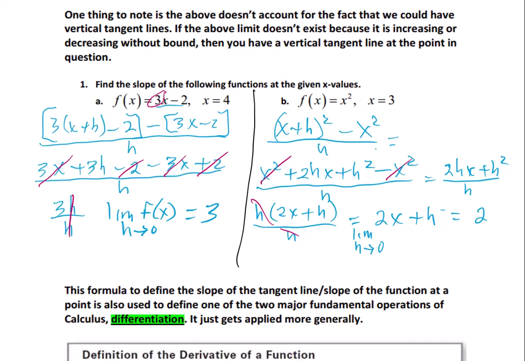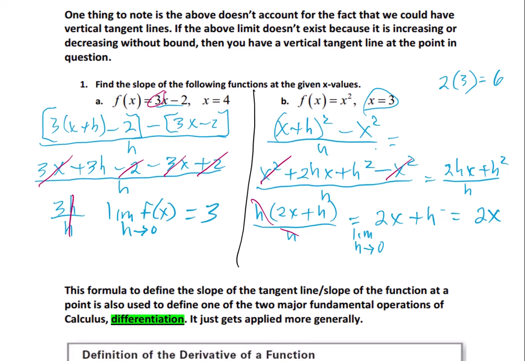So that means what I have found, 2x. What I have found is that anywhere along that curve, if I know the x value, I can compute the slope. So at x equals 3, my slope is 2 times 3, which is 6 at this point right here.